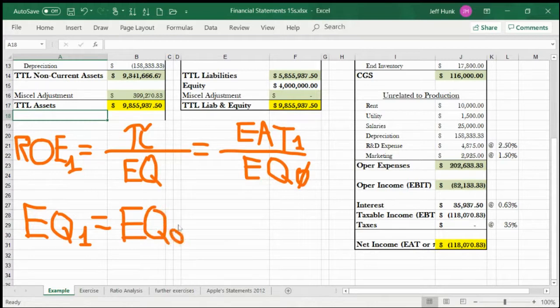Of course, it can be less, but if the company has done a good job and made a lot of profit, at least the equity value will increase by as much as the profit. In other words, equity at time 1 is the result of equity at time 0 and EAT at time 1. Understand? Purely in terms of book value.